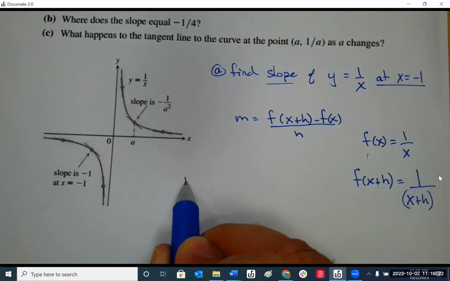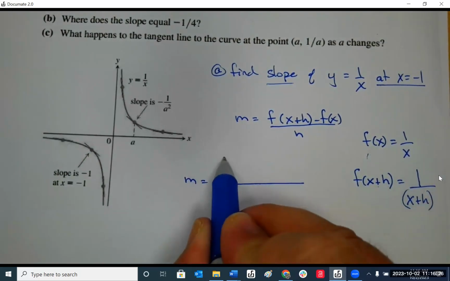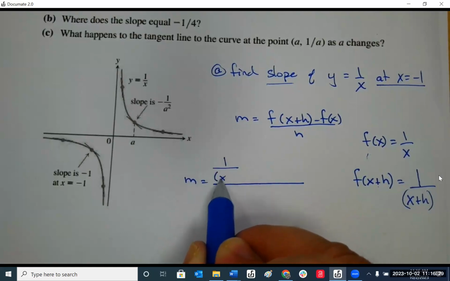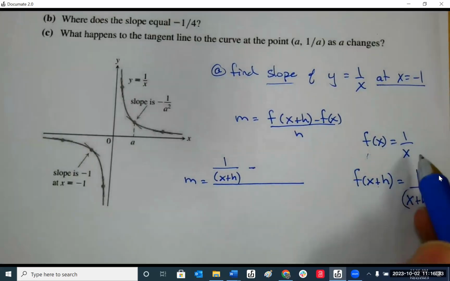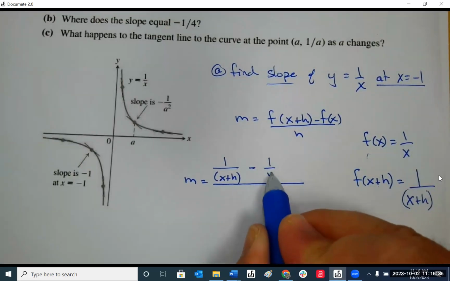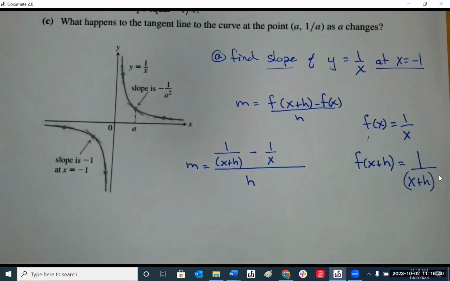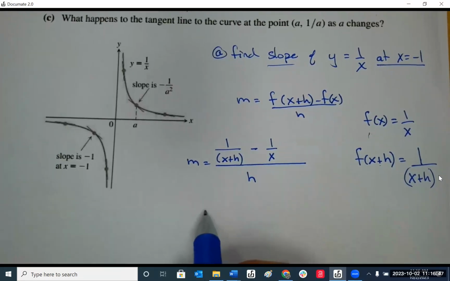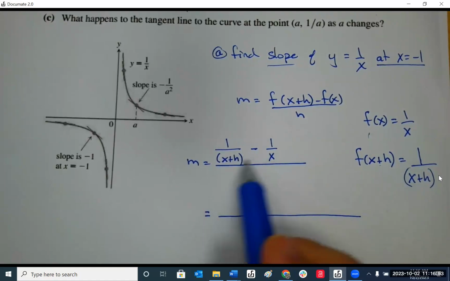So our slope formula becomes 1 over x plus h minus our f of x, which is 1 over x. In order, we have to do the top first.